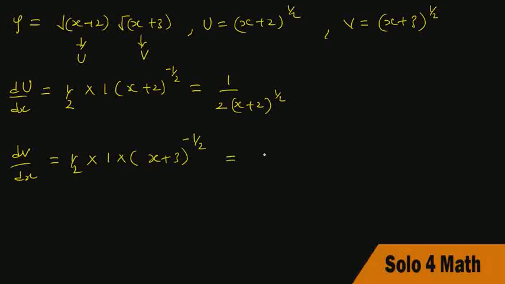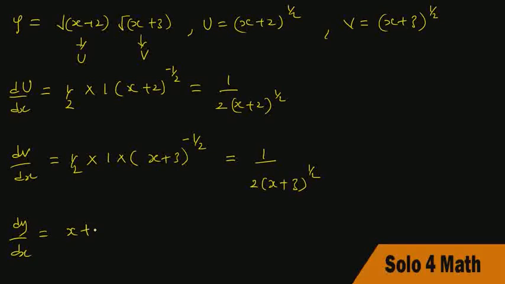When you organize it, it becomes 1 over 2 into (x plus 3) to power a half. Substituting in our formula, dy/dx equals v, where is our v?